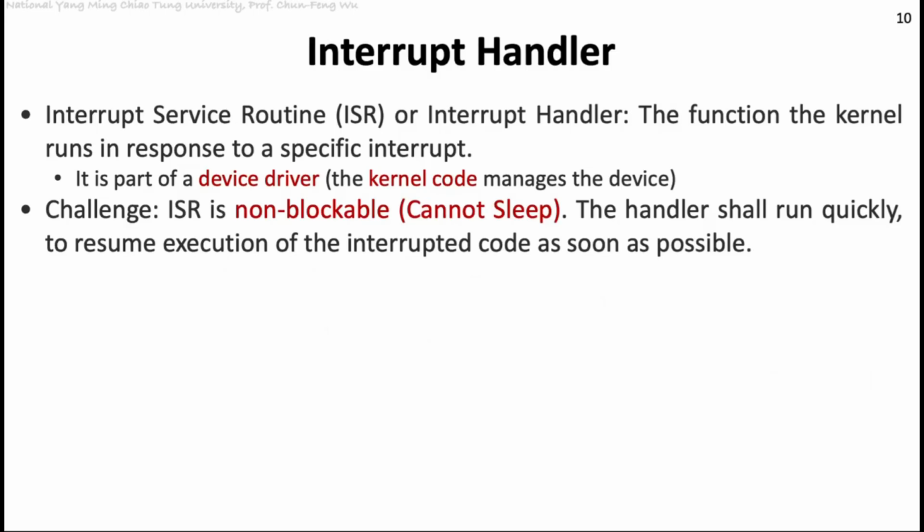But if the interrupt service routine is super long code, or it needs to do a lot of things, then the system will block there to wait for the ISR to finish, right? For example, say you have a network card and you are going to get data from it.